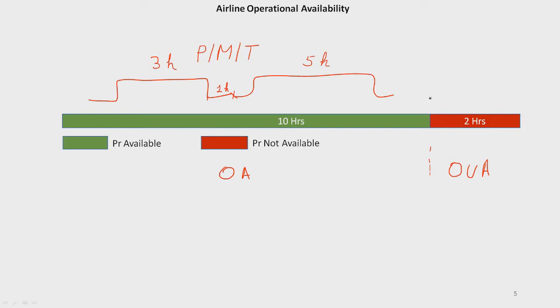What about the red zone, the product unavailability side? The red zone means that we have a pilot report, a maintenance finding, or a task from the maintenance planning department.